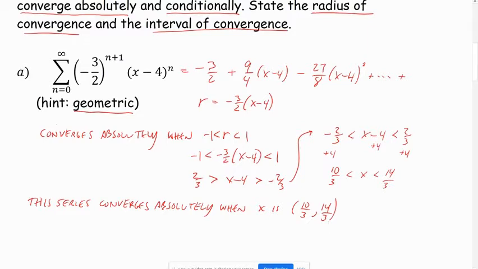Geometric series don't converge conditionally anywhere, so it converges conditionally nowhere. And this is also our interval of convergence.